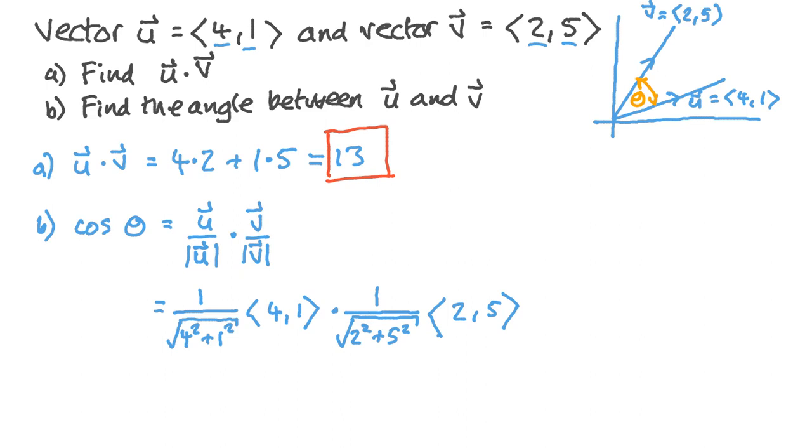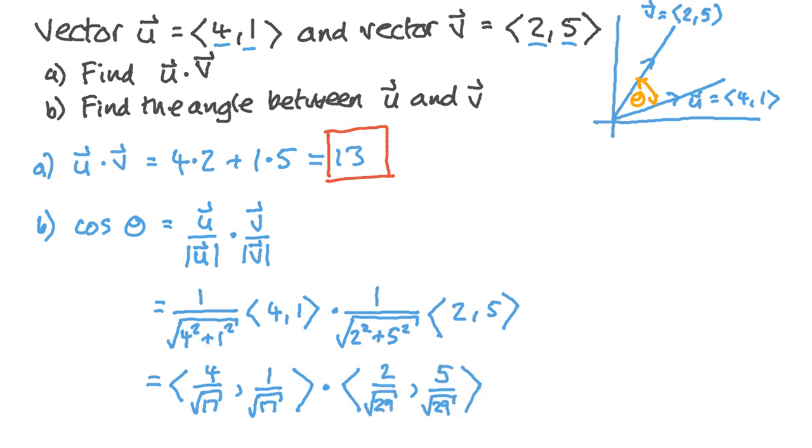So 4 squared plus 1 squared, that's 16 plus 1, so we've got root 17 for that one. And then we're just dividing the x component by root 17 and the y component by root 17. So let's do the same for v. 2 squared is 4, 5 squared is 25, so we've got 1 over root 29.